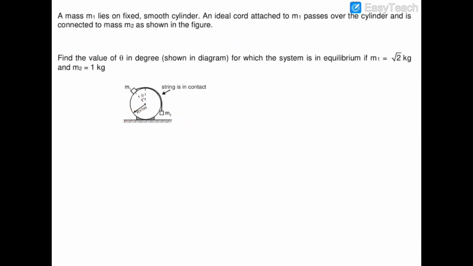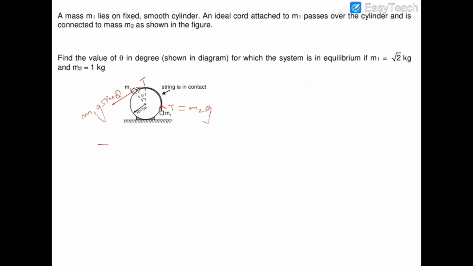In this question, you can see a system in which two blocks are connected with a string, and they are placed on a smooth cylinder. The string is ideal and the system is in equilibrium, and we have to find this angle theta. The tension T in this string will be balancing m2g at this position, and the same tension T will be balancing m1g sine theta.